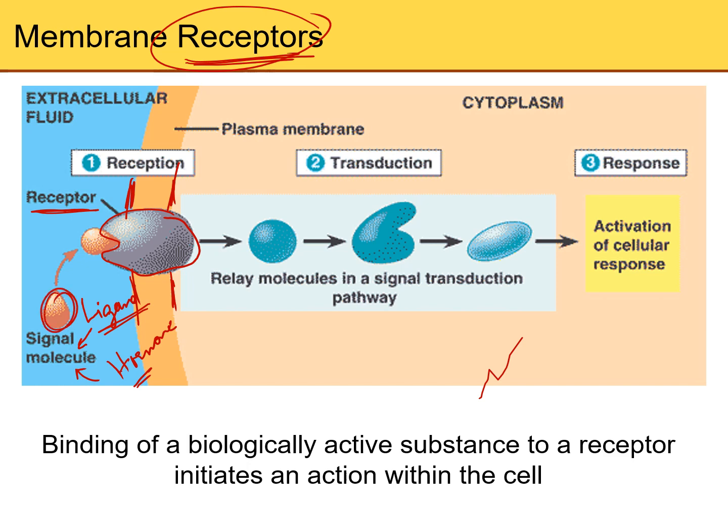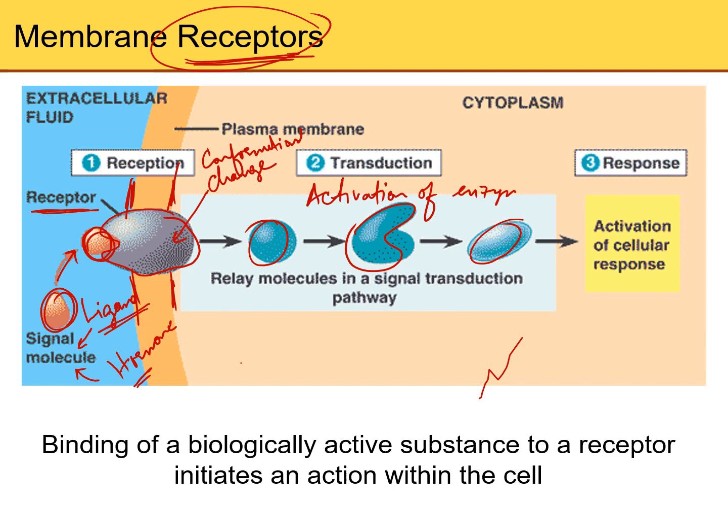So these will bind to a receptor, and this is called reception. Once it binds to the receptor, there is a structural or conformational change, and that allows some other proteins or enzymes to become activated. So this is called activation of proteins or enzymes.